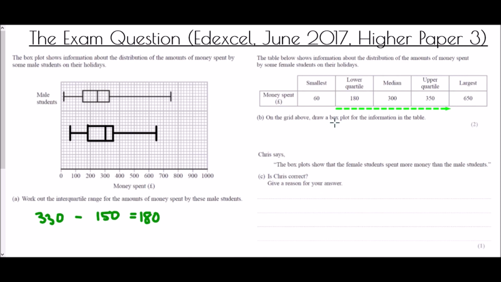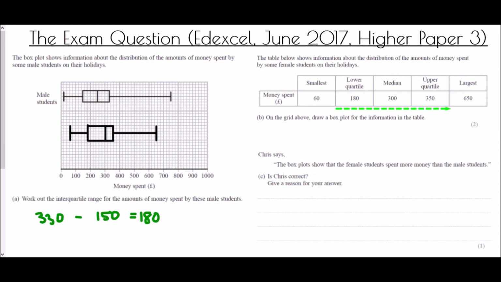And then finally, Chris says the box plots show that the female students spent more money than the male students. Is Chris correct? Give a reason for your answer. Now, as this is 1 mark, as long as you can justify what you're saying, then you can get the mark as long as it is a correct mathematical justification.